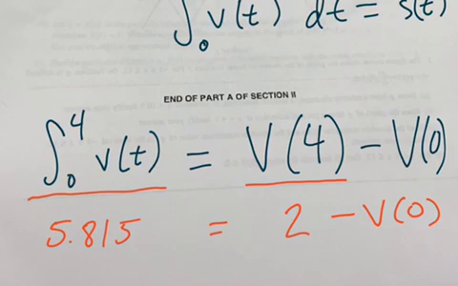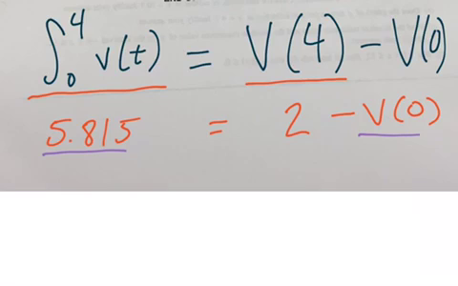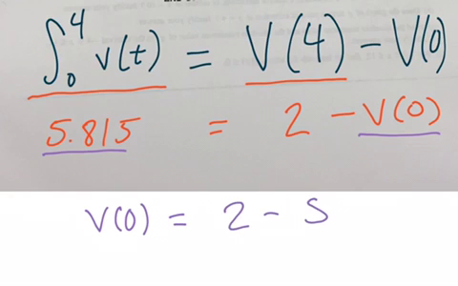Okay, so now all I got to do is get x of 0 by itself. So I'm going to move 5.815 over by subtracting it, and add x of 0 to the other side. The old switcheroo.